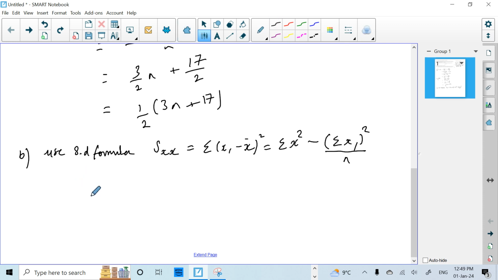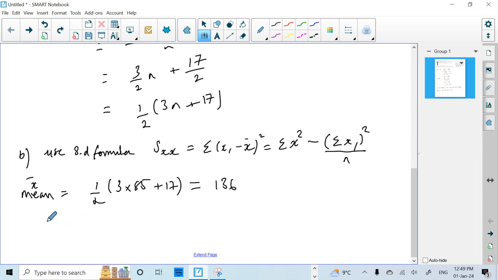So the mean is going to be a half, and then of course it's 3 times 85, because that's what we have, and then plus 17. Well, that gives you the mean of 136. So the mean, or x bar, is equal to 136.